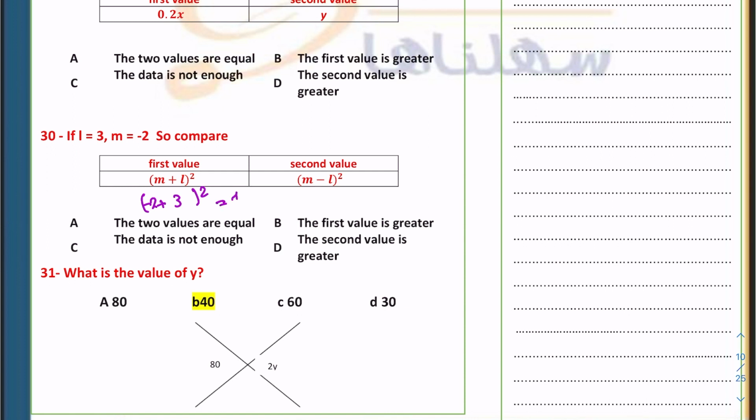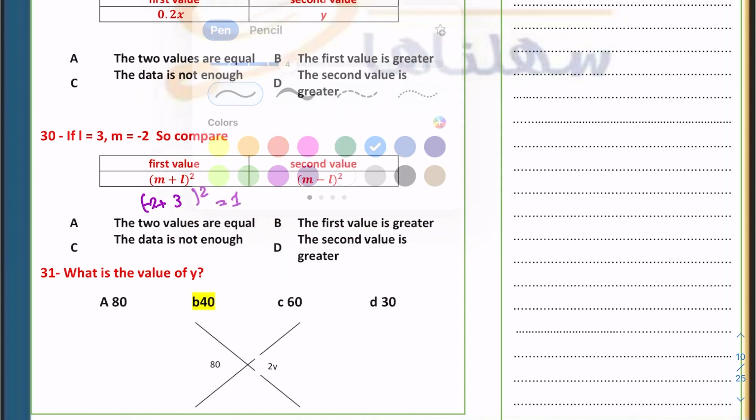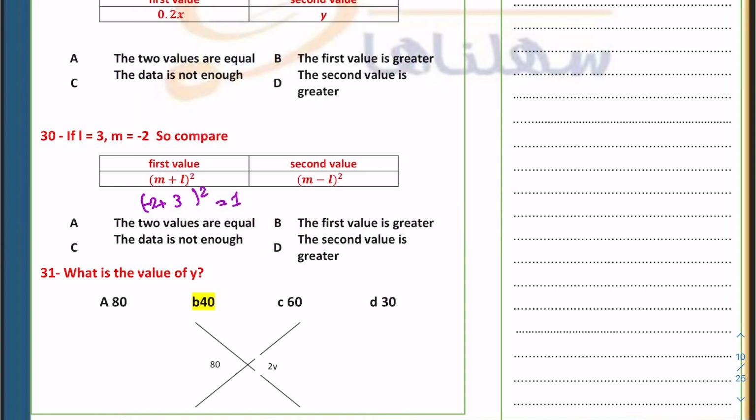Now here, I will plug in m, which is negative 2, l, which is 3, all squared. Negative 2 and negative 3 is negative 5. Negative 5 squared equals 25. Positive. So it will be B. The second value is more.